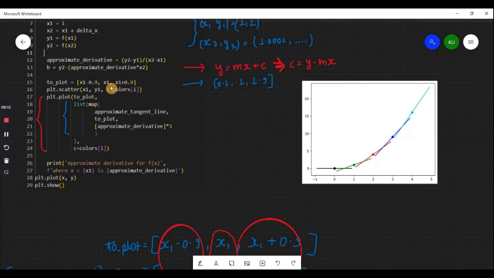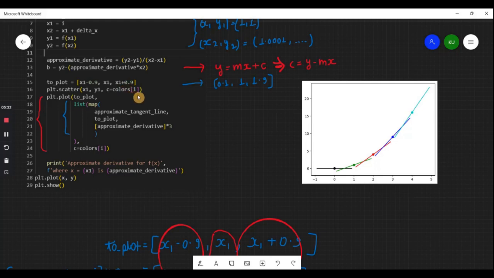So we start this tangent line 0.9 before x1 and extend it till 0.9 after x1. So this list contains 3 points: 0.9 left of x1, x1 and 0.9 right of x1.